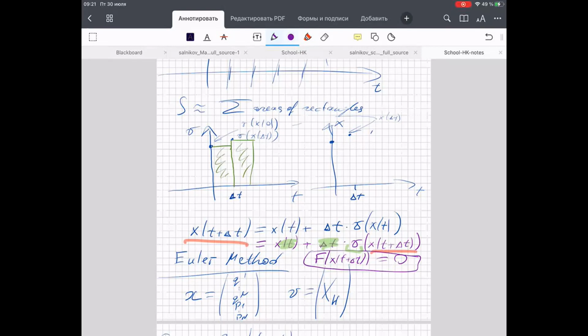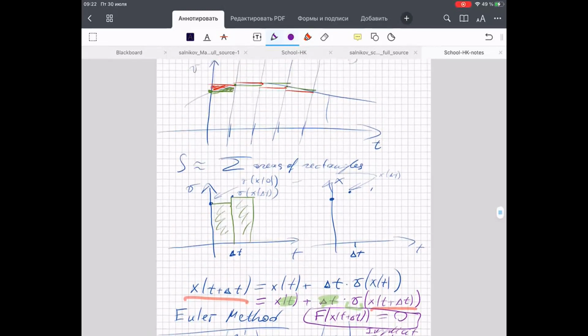And this is also called an Euler method, but implicit Euler method. So again, I'm still in my computing the integral business, and now I'm trying to do it using the right points instead of the left points.